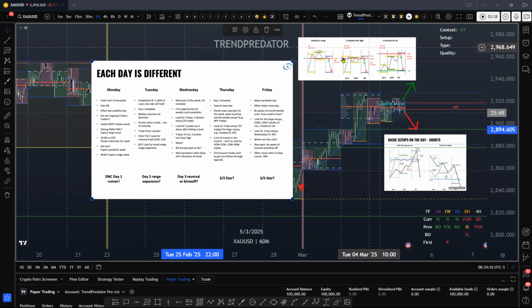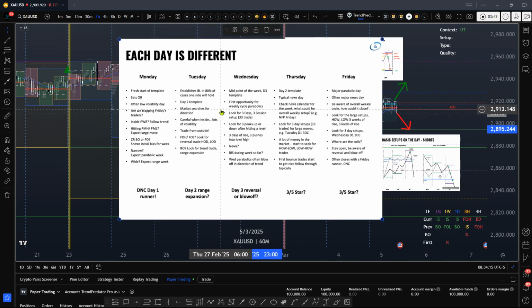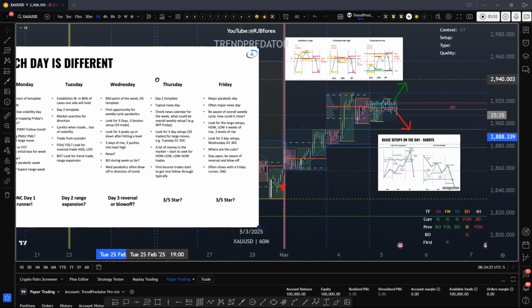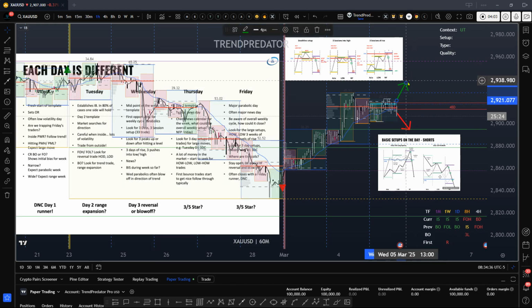Now, when we talk about how the day is set up, so looking for, say, 3 days, 3 sessions as a 3-3 trade setup, what does that mean? For that to set up, what I'm looking for is a continuation from London to the upside.